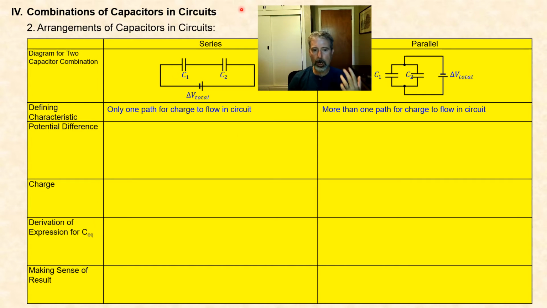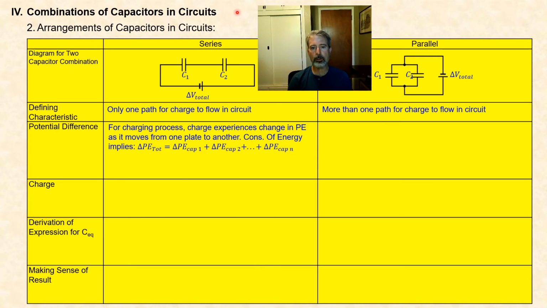Now, when it comes to talking about the potential difference for a combination in a series and parallel arrangement, let's start with the series. I want to point out here, and we'll return to this idea later, that if we trace the path of a charge and look at what's happening in the circuit in terms of energy, I'm going to start with an electron at the negative terminal of the battery.